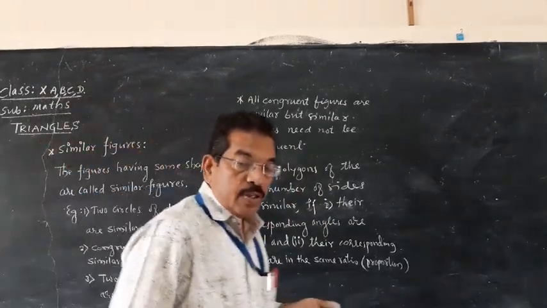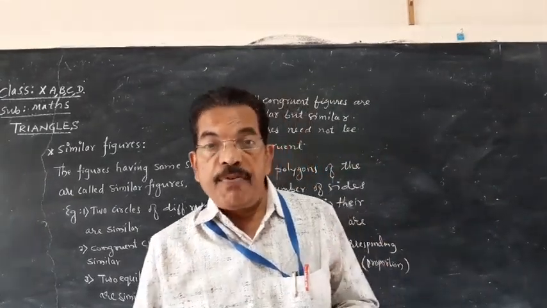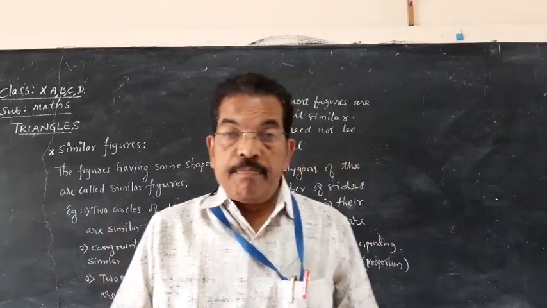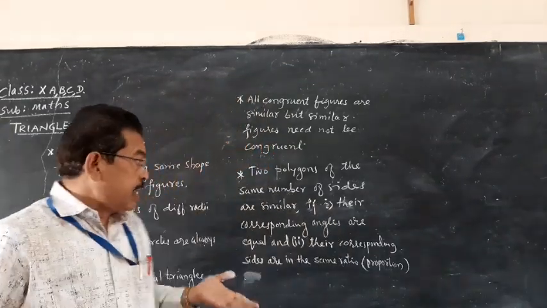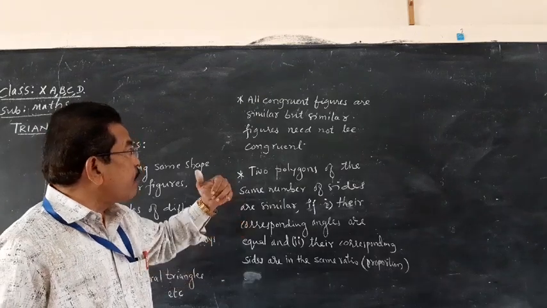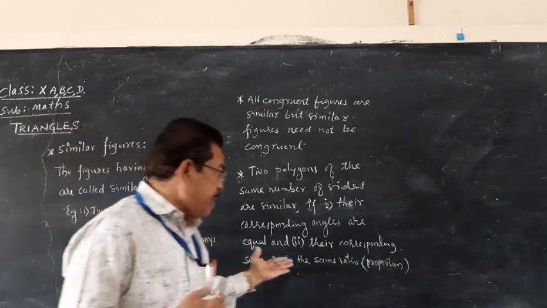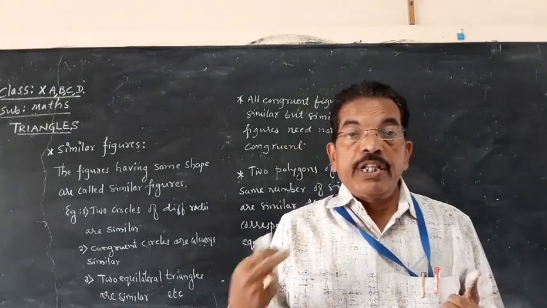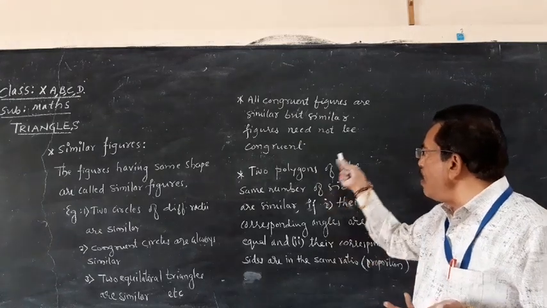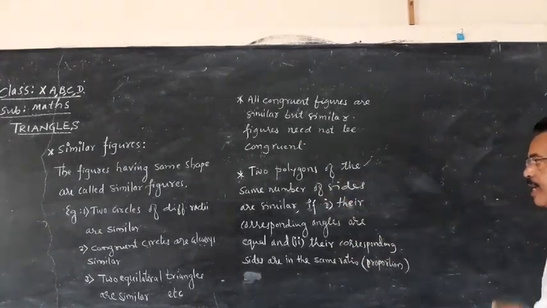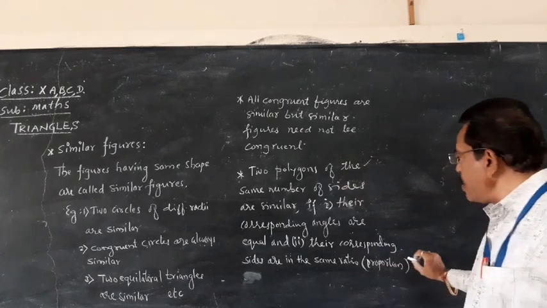Polygons with the same number of sides are similar if and only if their corresponding angles are equal and their corresponding sides are in the same ratio or proportion.